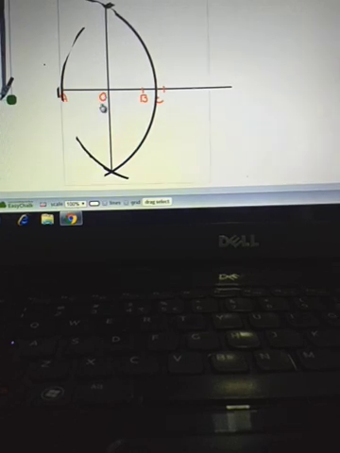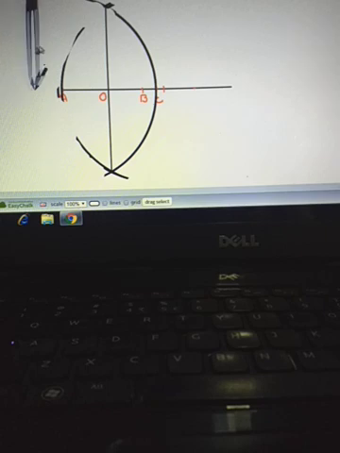Now dear children, we have got the midpoint of AC. What is that? O. Okay, and now taking O as center and OA or OC as radius, I am going to draw a semicircle above this AC. So here is the compass.